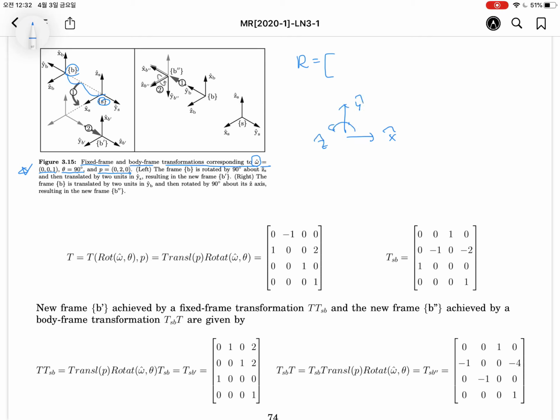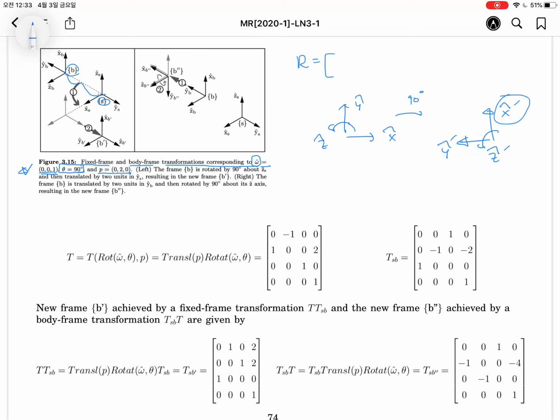The rotation angle will be 90 degrees with respect to the z-axis. So with the 90-degree rotation, we have this rotated frame. The z is the same. From here we can write down the rotation matrix.